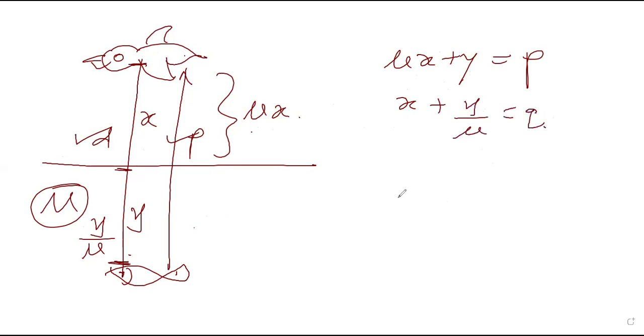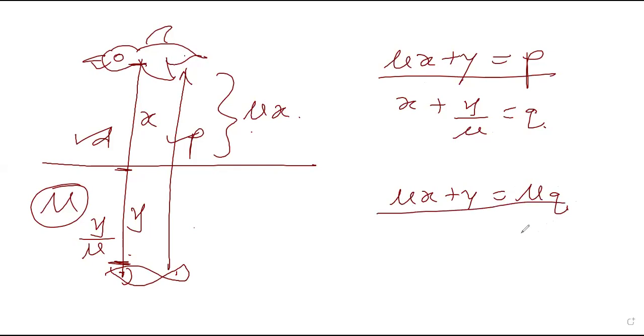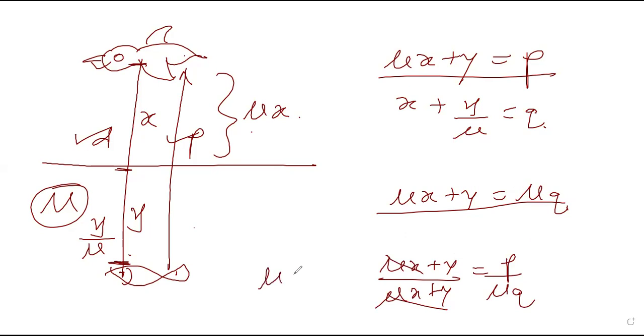I'll just multiply the second, so mu x plus y is equal to mu q. So I have mu x plus y is equal to p, and mu x plus y is equal to mu q. I'll just divide the two equations one by the other. So the left side is 1, and certainly mu is going to be p upon q.